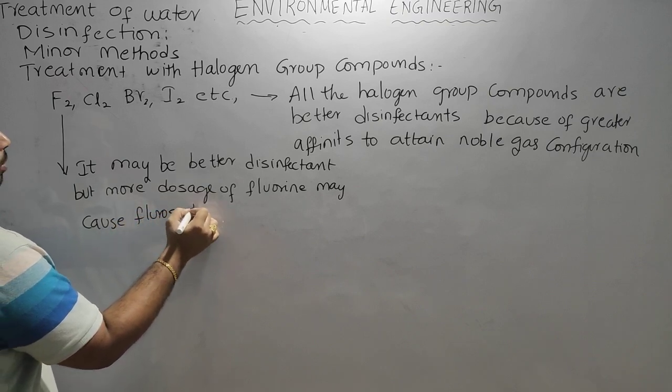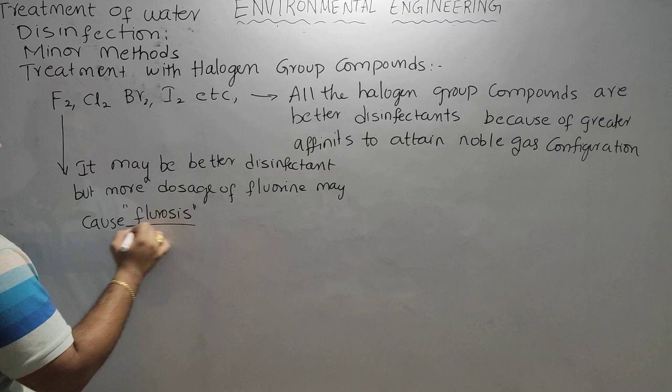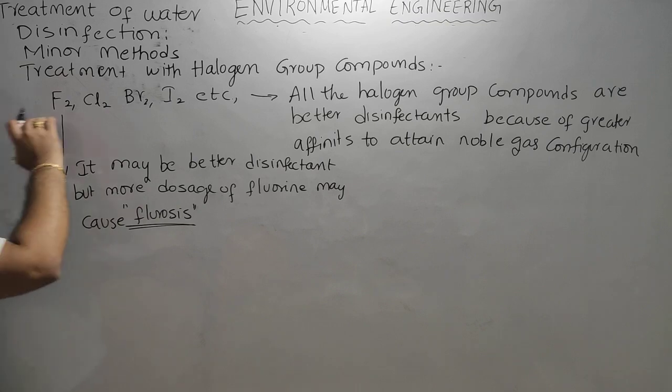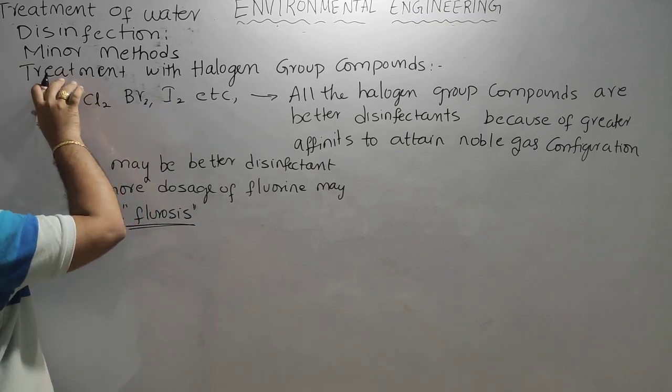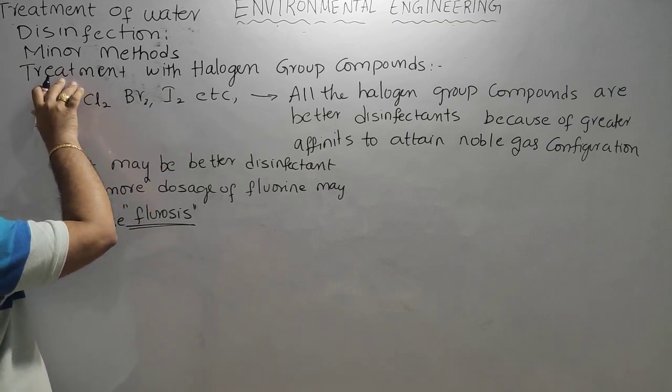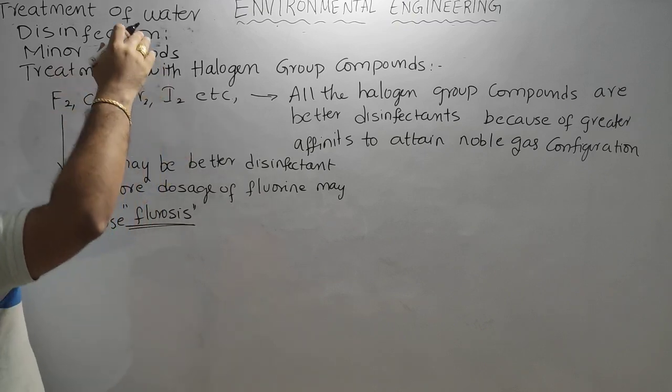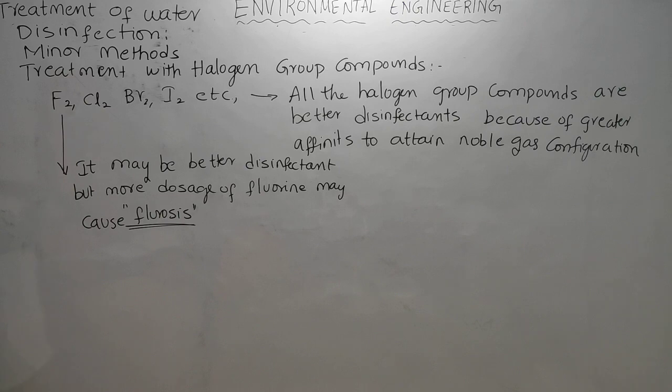So that is a problem associated with fluorine. It may cause fluorosis when it is present in excess, because among all the compounds it is much more effective. If you compare in terms of the periodic table, that column has the affinity, and in that column again fluorine is much more effective.